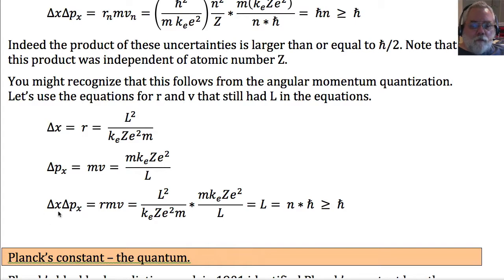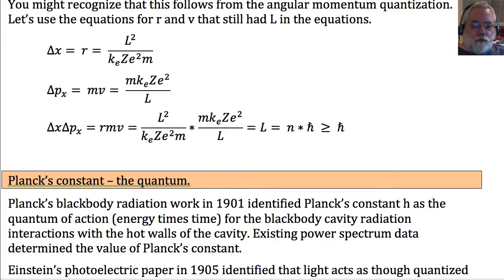And when we multiply them together, we get that the product equals the angular momentum L, and that is the quantized value n times h bar, and that is always greater than or equal to h bar.